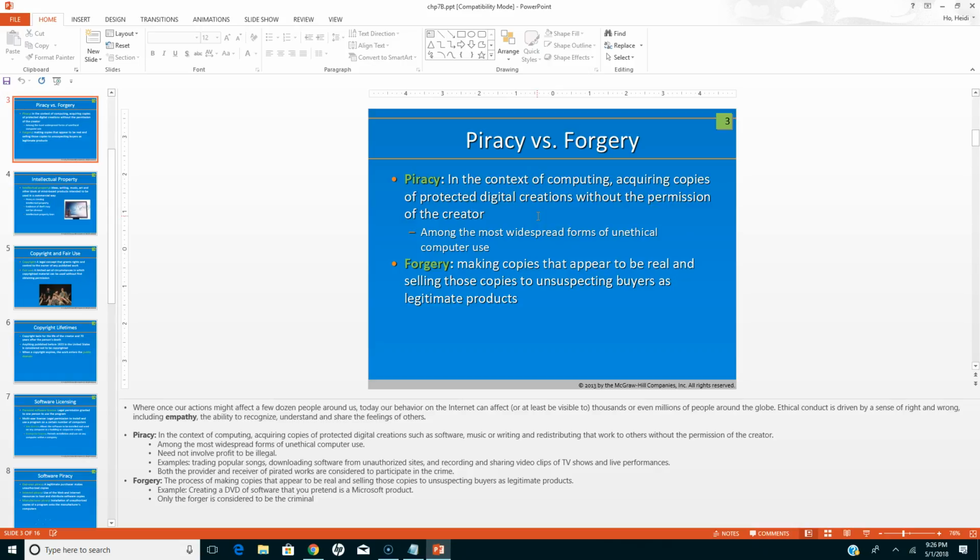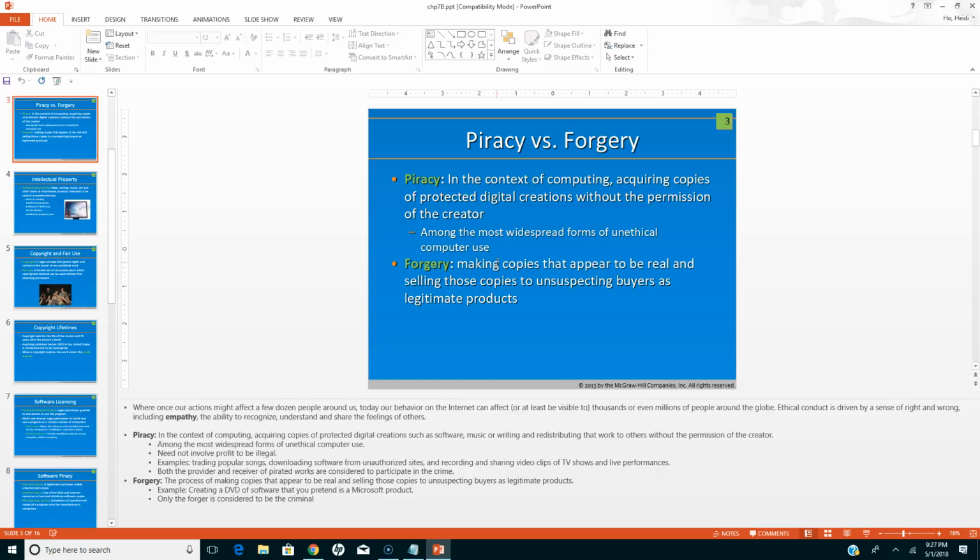It is among the most widespread forms of unethical computer use. Let's say that a person installs Office 2013 without purchasing the program. That would be a violation of software piracy.